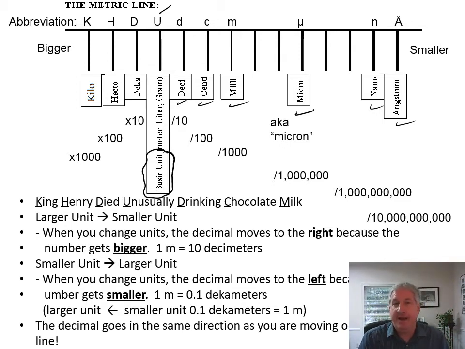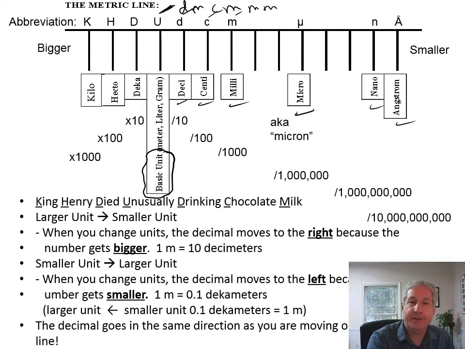If your basic unit is a meter, then you can have a decimeter, a centimeter, a millimeter. Those are all abbreviated: millimeter is mm, centimeter is cm, and decimeter is dm. A decimeter is 1/10 of a meter, a centimeter is 1/100th of a meter, and a millimeter is 1/1000th of a meter. That's why we have this line here.